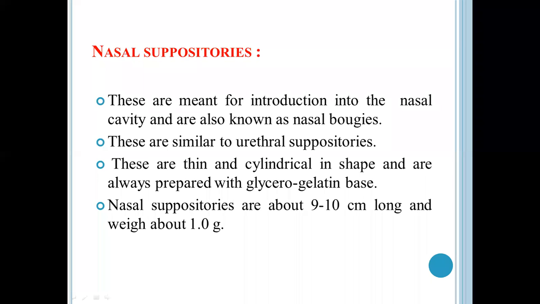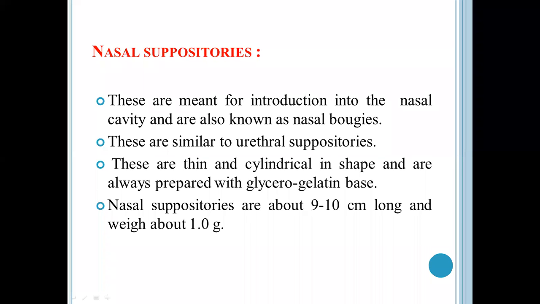Okay, and nasal bougies is the term for nasal suppositories. They are similar to urethral suppositories.